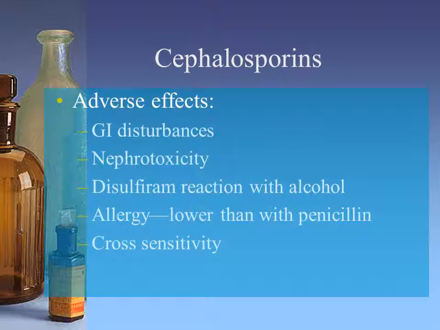That means if someone is allergic to penicillin, there is a good chance they may also be allergic to cephalosporins, even though they've never taken them before. It's a cross-sensitivity reaction. So if we come across a patient we're going to give an antibiotic to and we see on the chart that they're allergic to penicillin, we will also avoid giving them cephalosporins. We will want to go to one of our other classes of antibiotics.